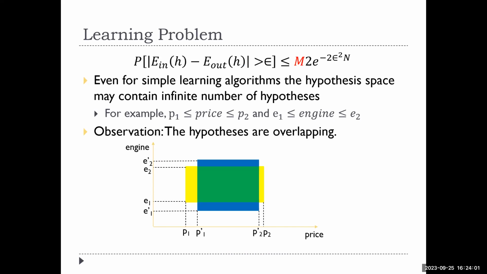They are overlapping hypotheses. Okay, maybe this overlap could help us. Maybe it looks infinite, but we don't need to have infinite because if you look at these two rectangles, there is significant overlap. So M may not be infinite. It looks infinite based on the hypothesis set, but it may not be infinite.